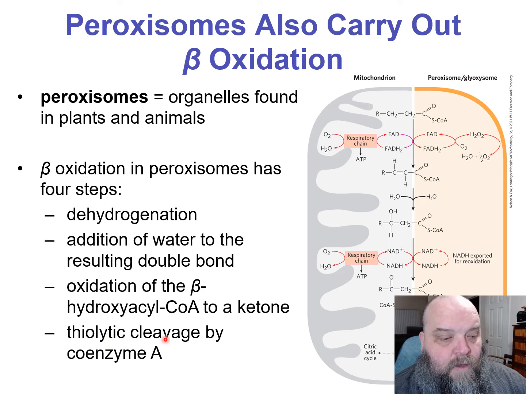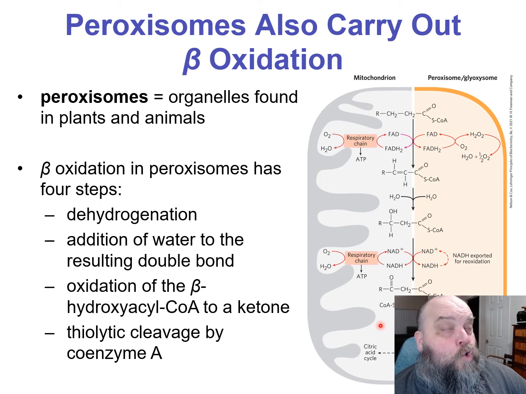And then thiolytic cleavage by coenzyme A. So you add in the water, get the hydroxyl, strip off the hydrogens, get your carbonyl, and then split off. You now have an acetyl-CoA, and you now have coenzyme A attached to the new carboxyl terminal end.